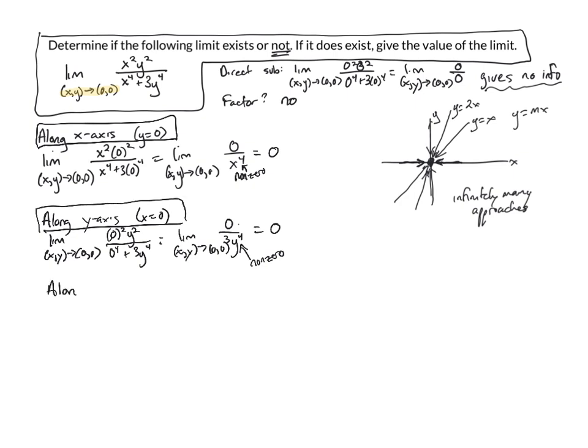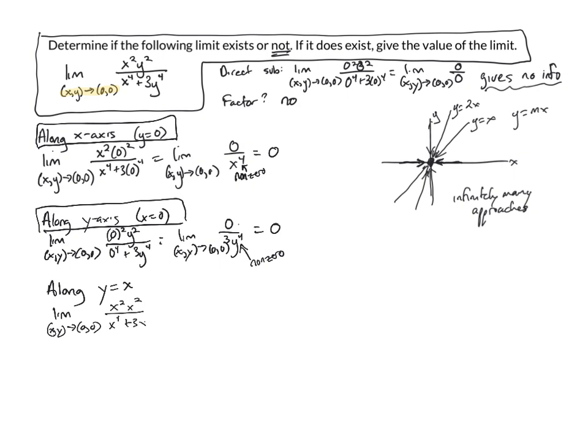For example, I might try along the line y equals x. And so what that would look like is that I would tidy up after I replace, for example, all of the y's with x's. Or equally good would be to replace all the x's with y's.